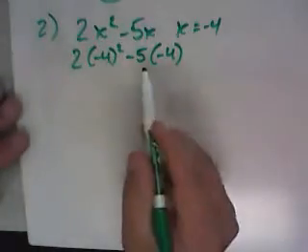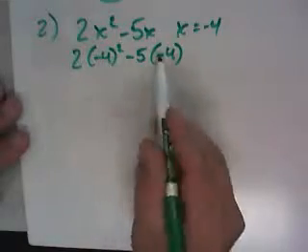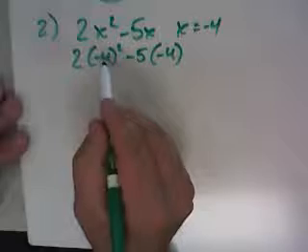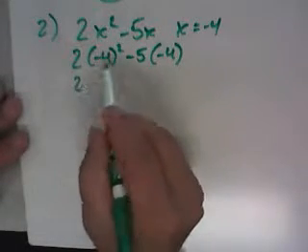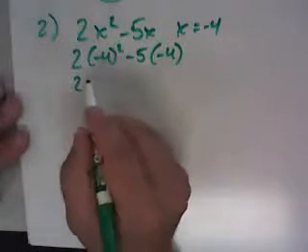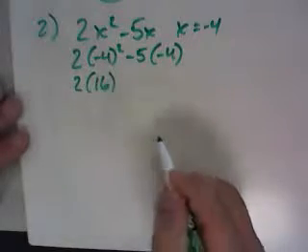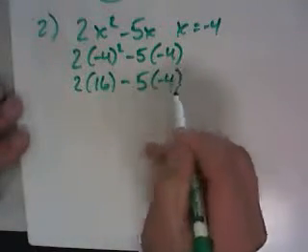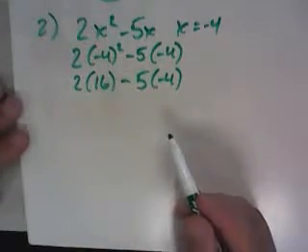So in the order of operations, I do the parentheses, but the parentheses are already done. I'm going to do then the exponents. So negative 4 squared means negative 4 times negative 4, which is positive 16, minus 5 times negative 4. So I did my exponents.